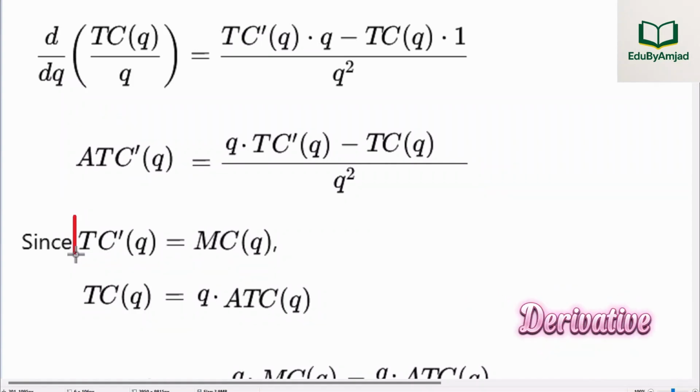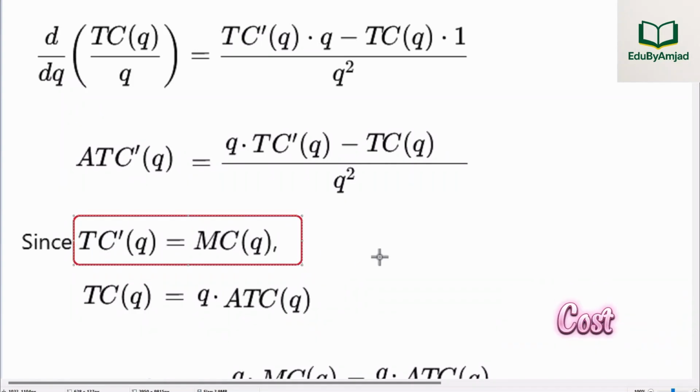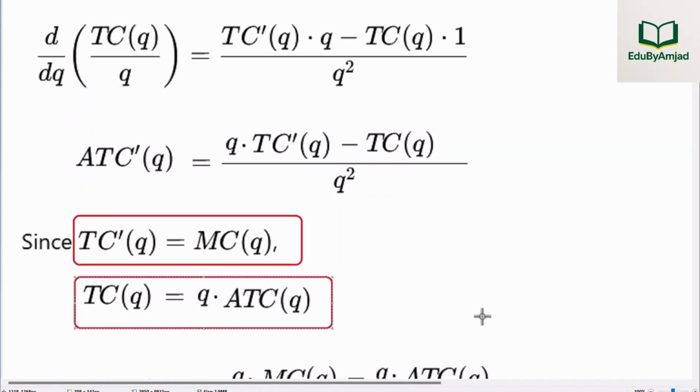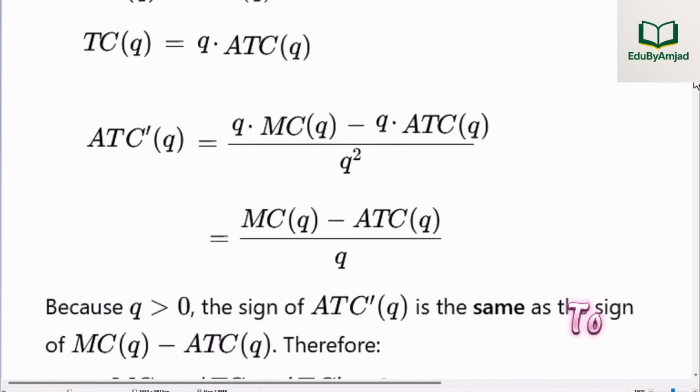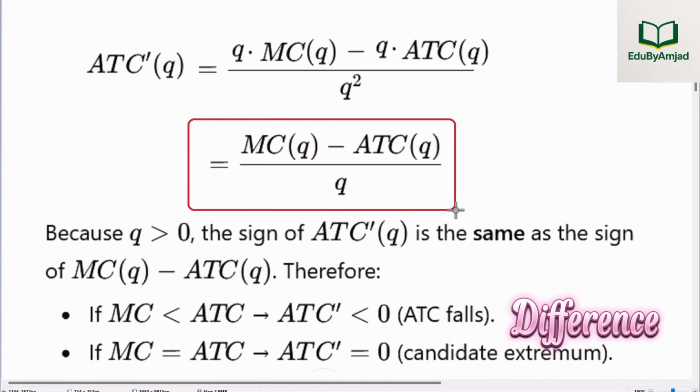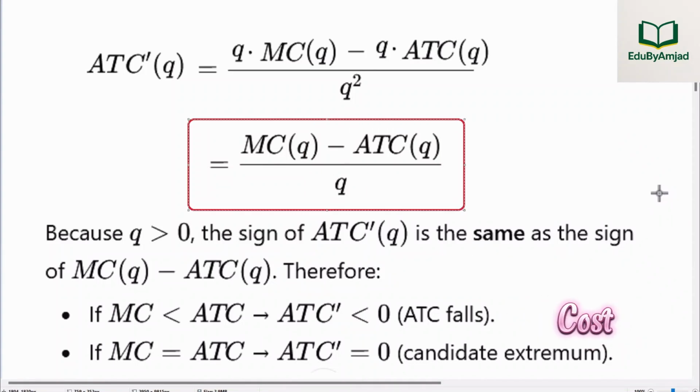First, the derivative of total cost is marginal cost. Second, total cost itself can be written as output multiplied by average total cost. After simplifying, the slope of average total cost becomes equal to the ratio of the difference between marginal cost and average total cost to the level of output.